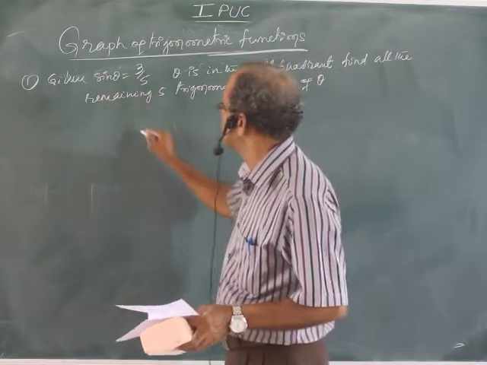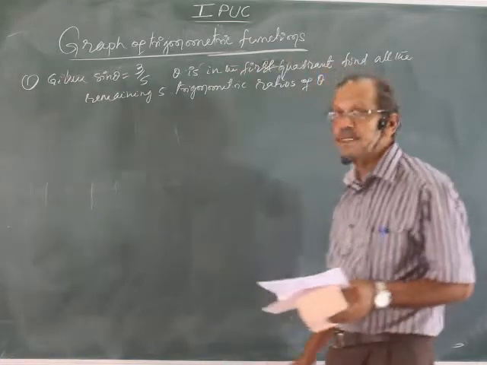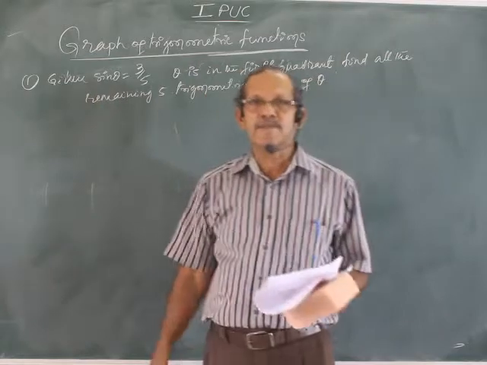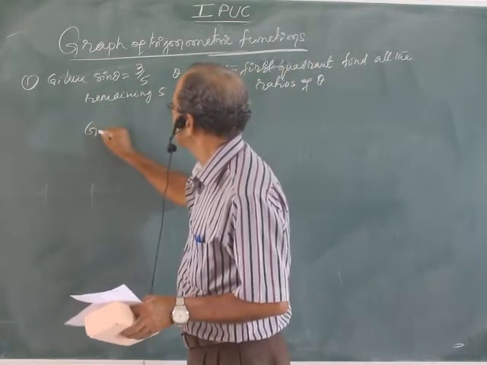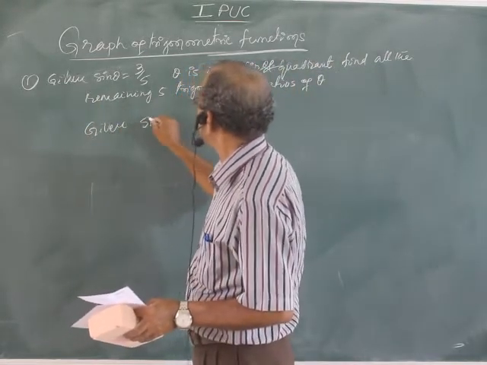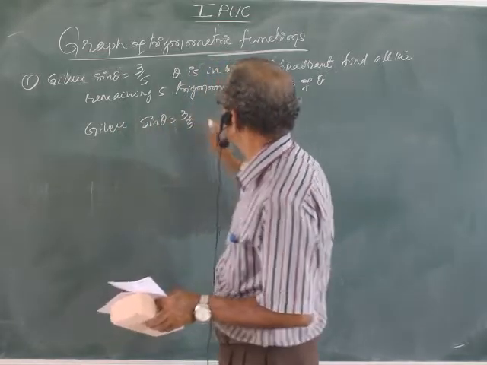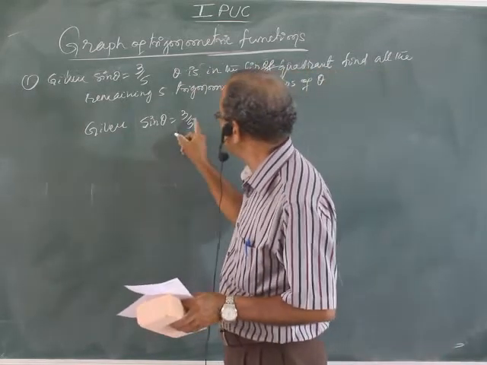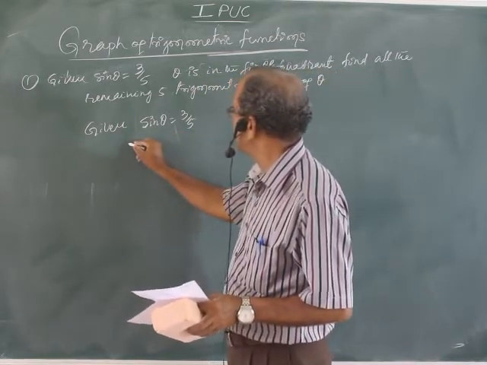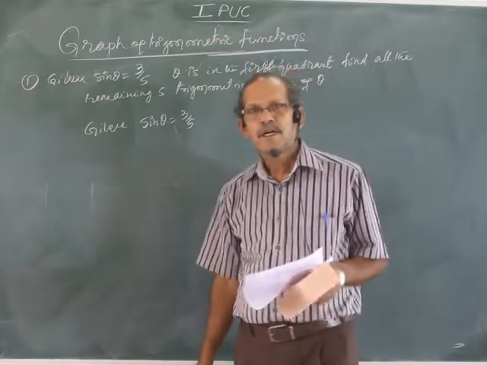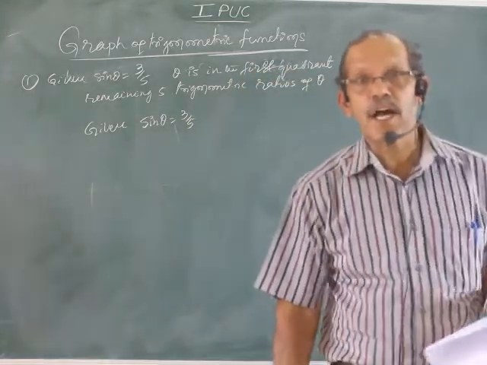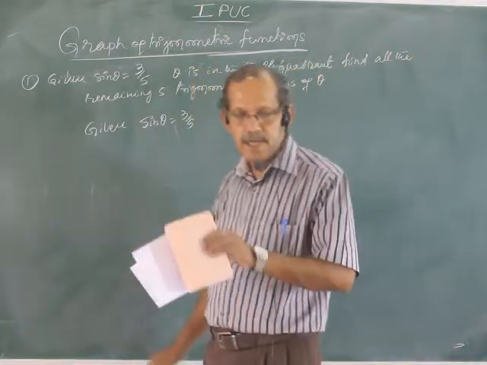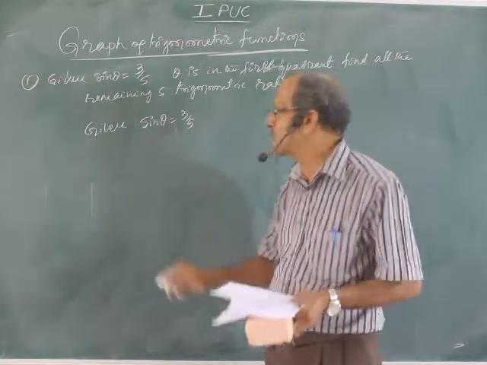Actually, we did the same example in the previous part also. Now, since you know all the quadrants, I have taken once again the first quadrant problem. Given sin theta equal to 3 by 5, we can find cos theta. Now let me do it without drawing the triangle. You know the relation: sin square theta plus cos square theta equal to 1.